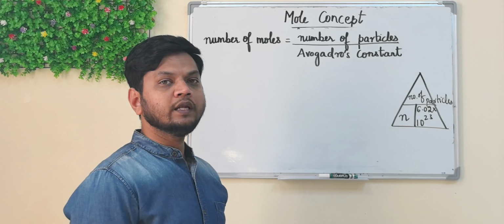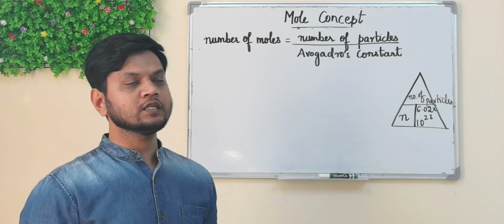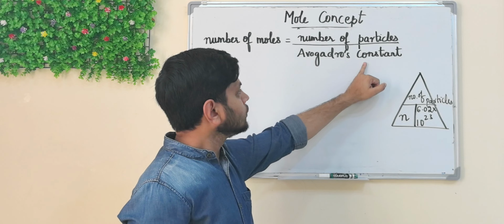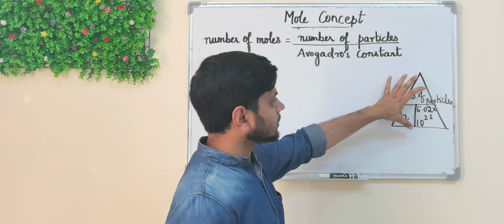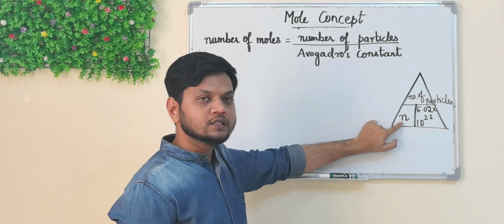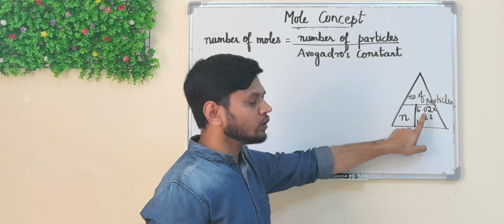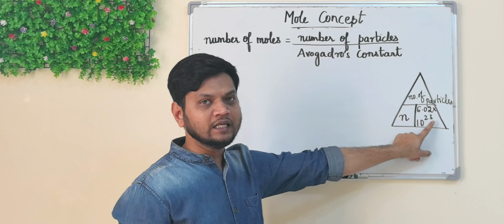So now to calculate the number of moles or the number of particles, we can use a simple formula. Let's call number of moles equals number of particles over Avogadro's constant. To remember this formula, we can use a simple triangle. In this triangle, on the top we will keep number of particles, below we will keep number of moles, small n, and the Avogadro's constant, which is 6.02 into 10 to the power 23.